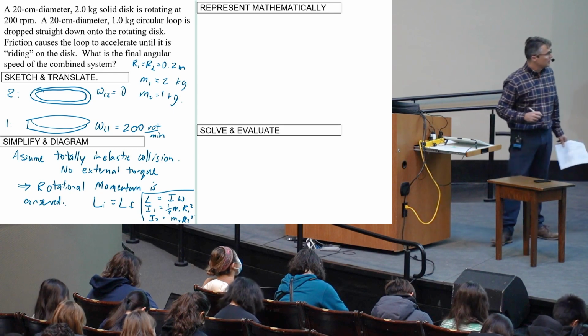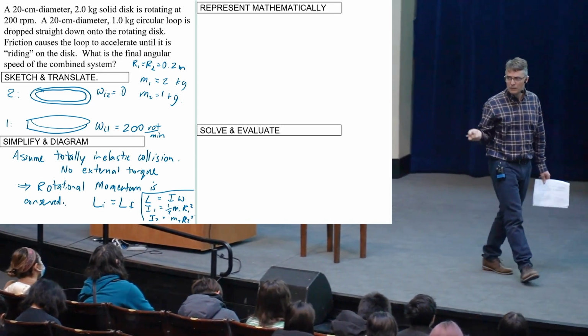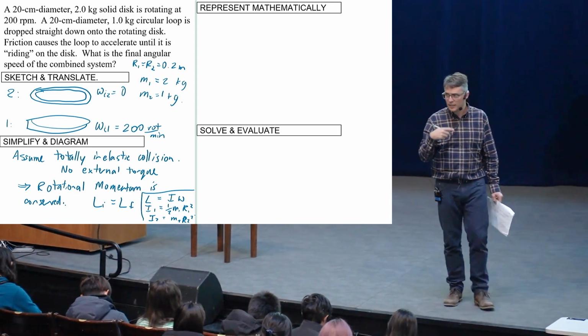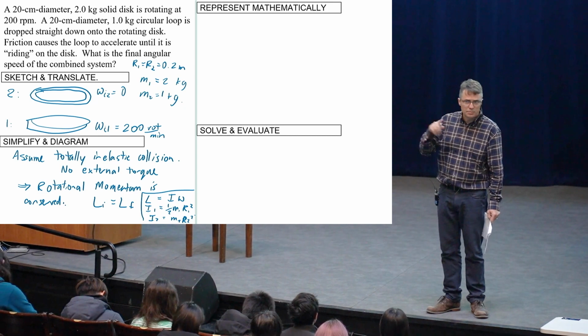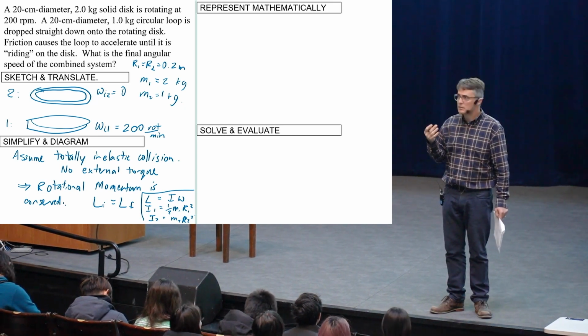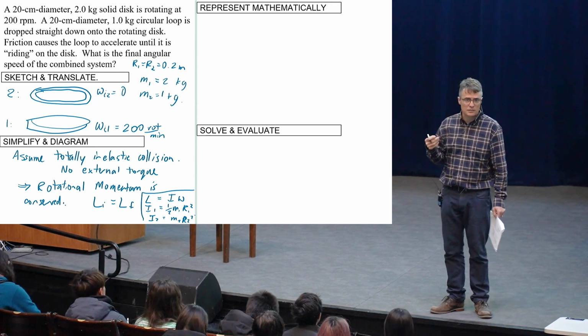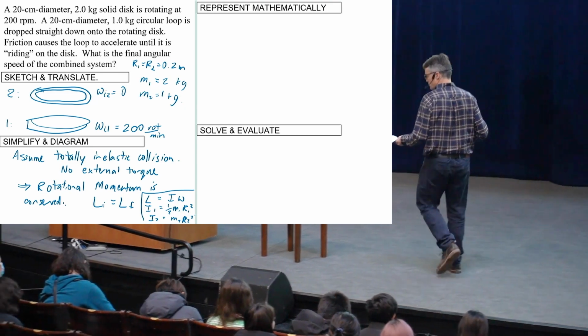Does that show up? You guys know where those equations came from? This is that table, 9.3. So the loop has MR squared with no fraction out in front, and the solid disk has 1/2 MR squared. So that's it.